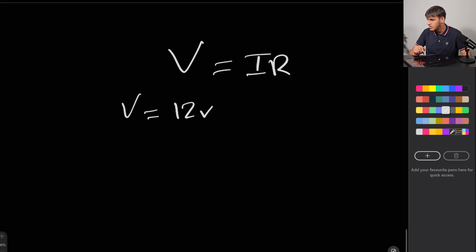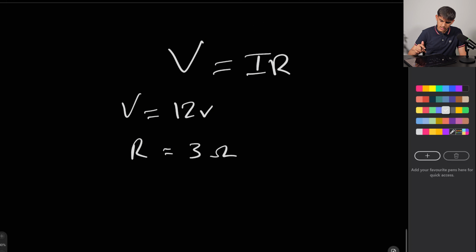And we've also got the resistance, which is 3 ohms. And we're asked to find the current. So what we'll do is we'll rearrange this equation to get I. So I is V over R.